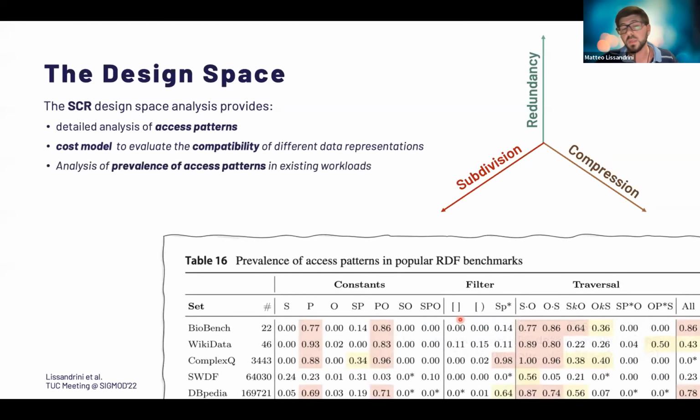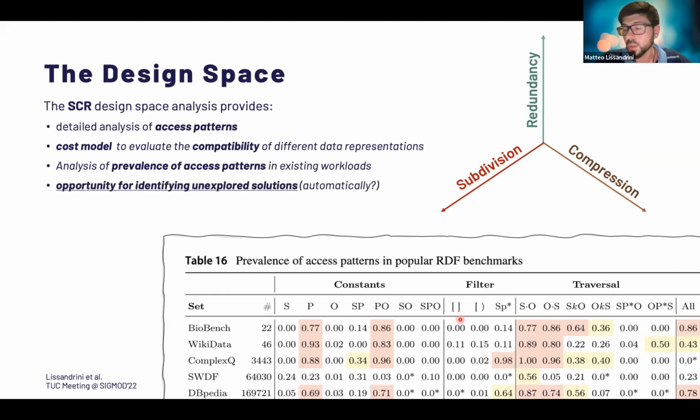Furthermore, we went through a wide range of existing popular RDF benchmarks, both synthetic and real, and identified the prevalence of these access patterns in those benchmarks. And to this, we could correlate recent or previous results based on which system could perform better, by looking at the compatibility and the prevalence of the access patterns in the workloads that were analyzed.